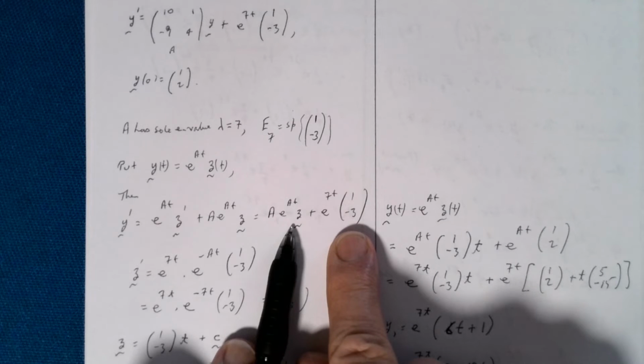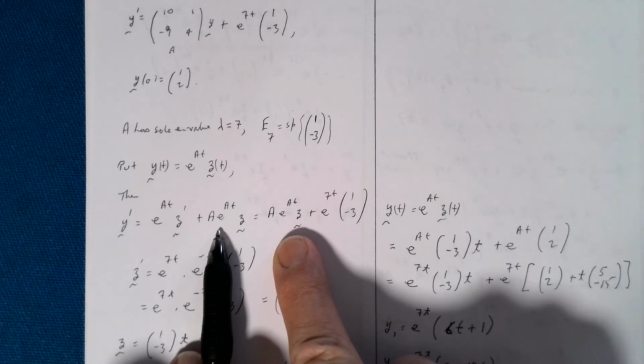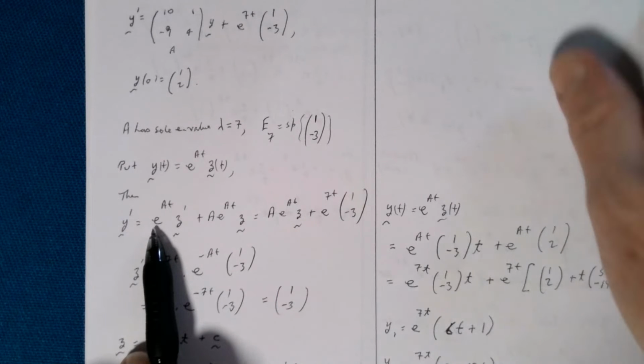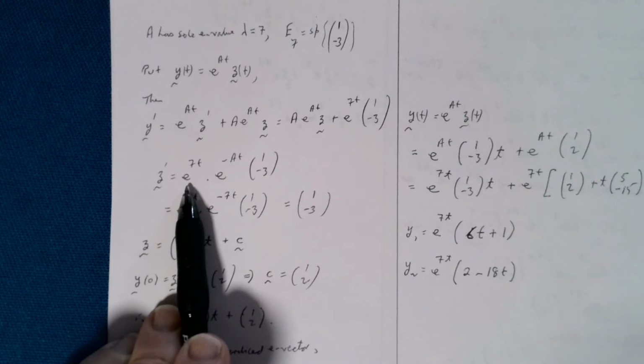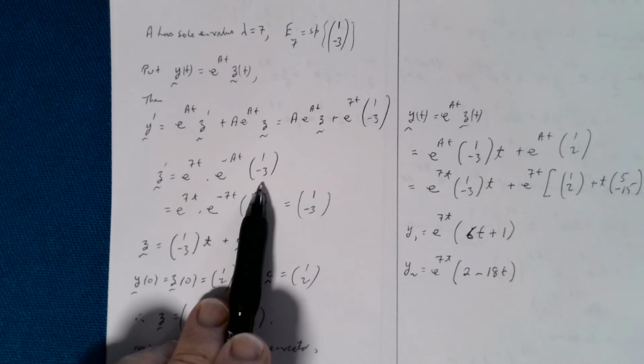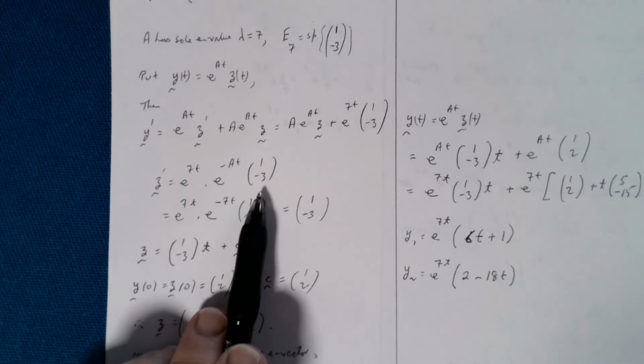And as before, these cancel, and I can get z dashed by multiplying both sides by the inverse of this matrix, which is e to the minus at, take out the scalar, and we get e to the minus at times 1 minus 3.